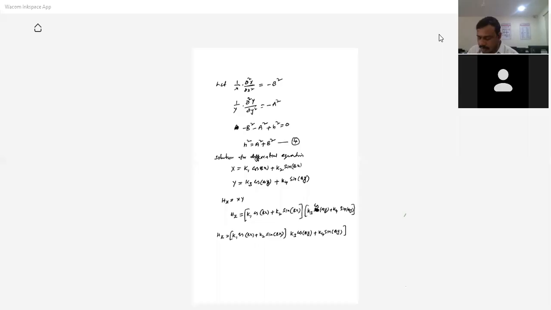Now from taking the boundary conditions, same as the earlier case, we need to find out the k1, k2, k3 and k4 values. The constants we are going to find out by taking the boundary conditions. Then finally we get the expression for Hz.